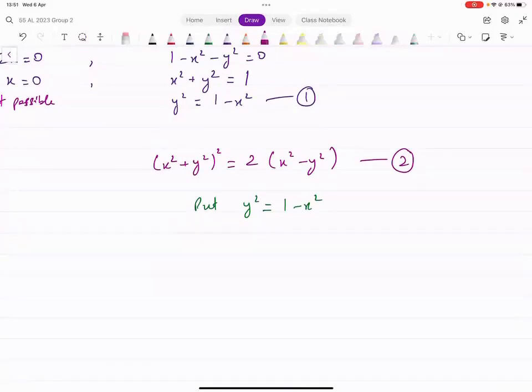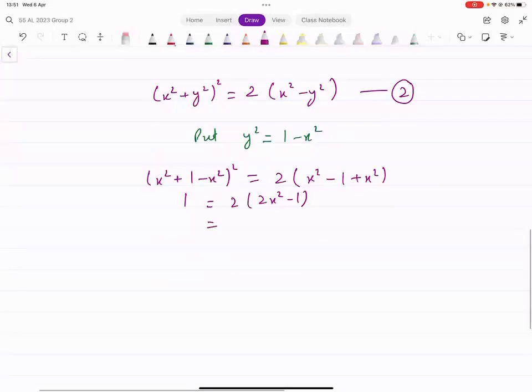Now what does this give us? This gives us x square plus 1 minus x square whole square equals 2 into x square minus 1 plus x square, and that is 1 equal to 2 into 2x square minus 1. 4x square minus 1 equals 1. X square equals 1 over 2. Is that correct?